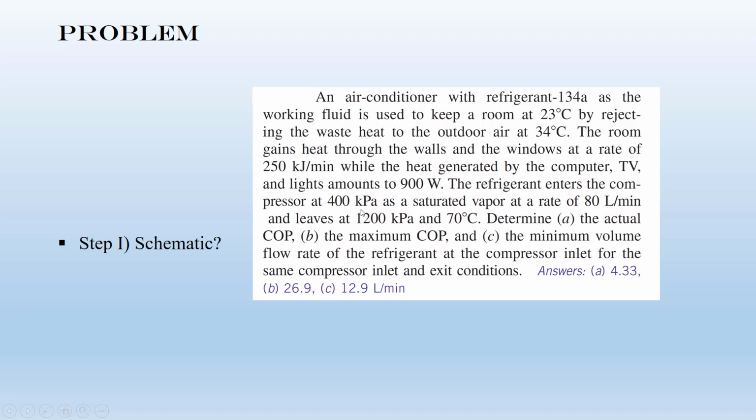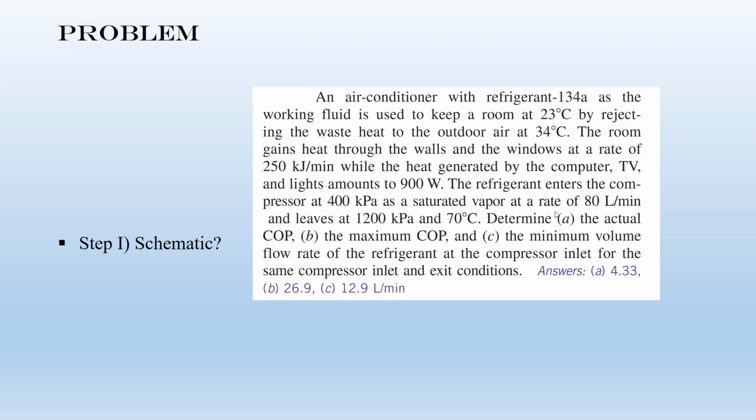Then you have some information for the properties of refrigerant entering the compressor and leaving the compressor, and you are asked to calculate the COP, the maximum COP, and also the minimum volumetric flow rate of refrigerant.